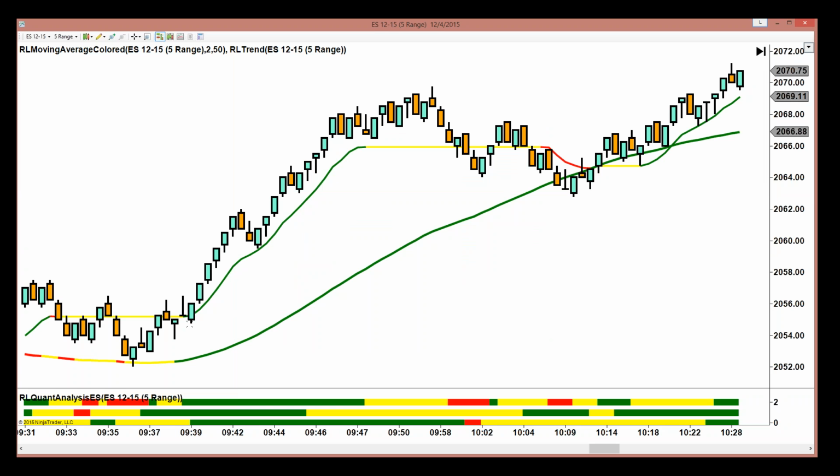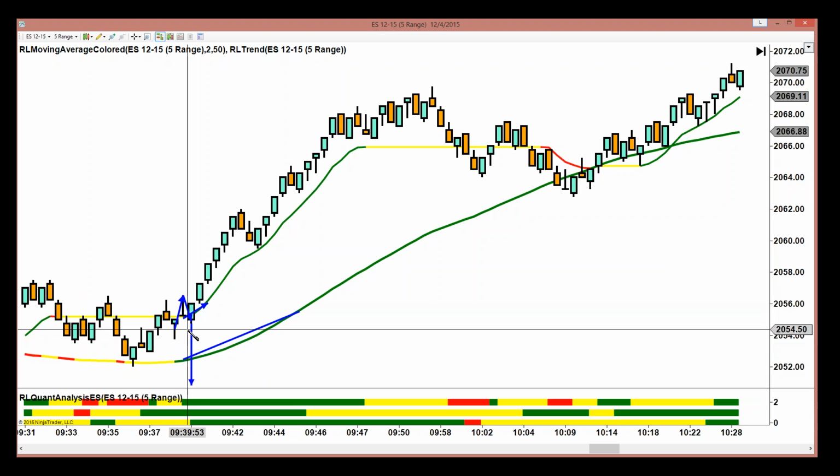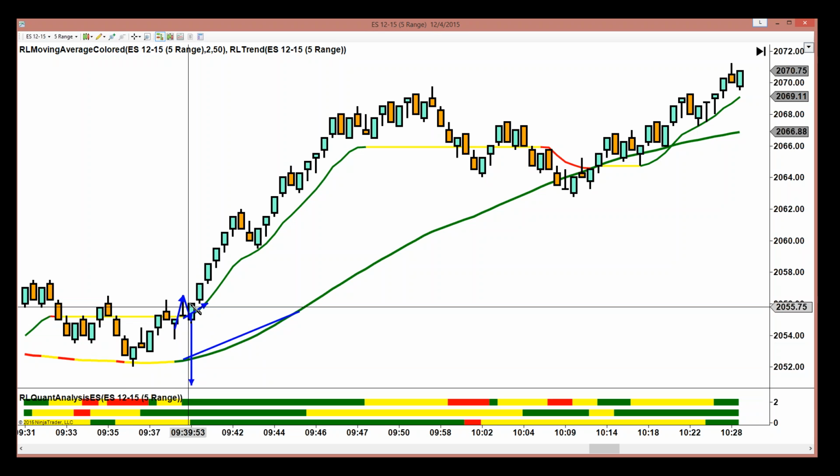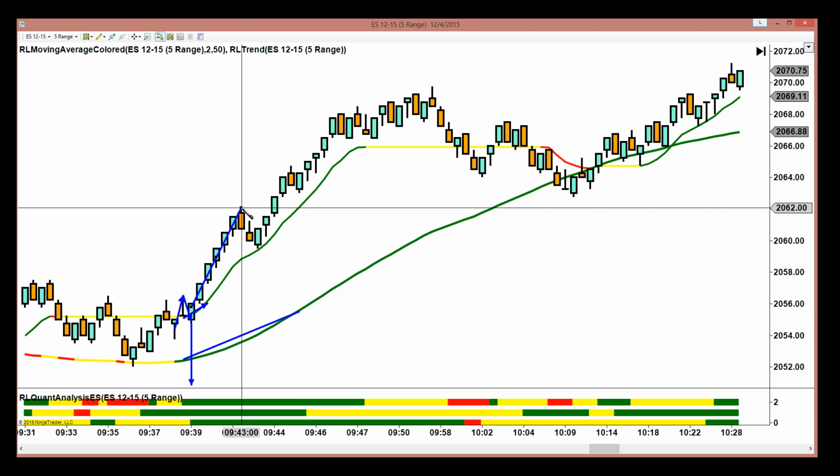Now right here, what you have is a break and retest. And you can see that the 15 is green, the 50 is green, and if you look down, all 3 quant lines are green. And this gives you, at 936, a perfect long trade.